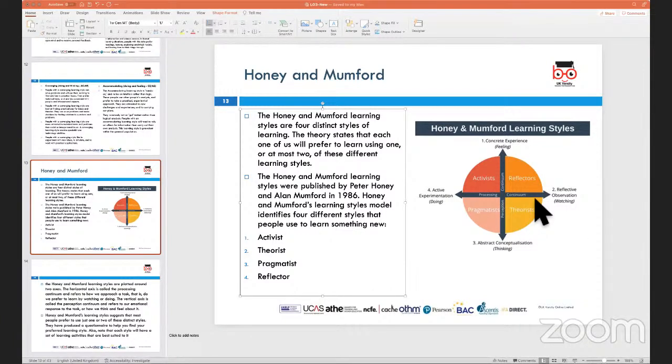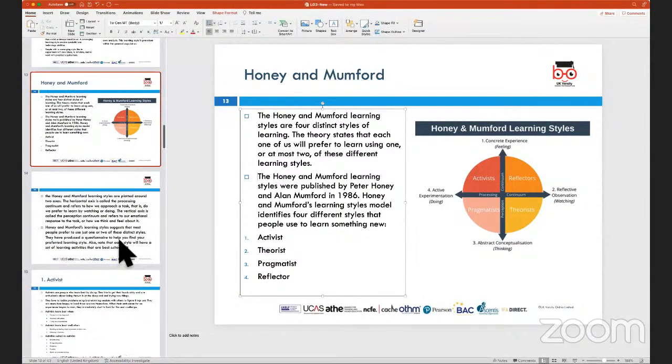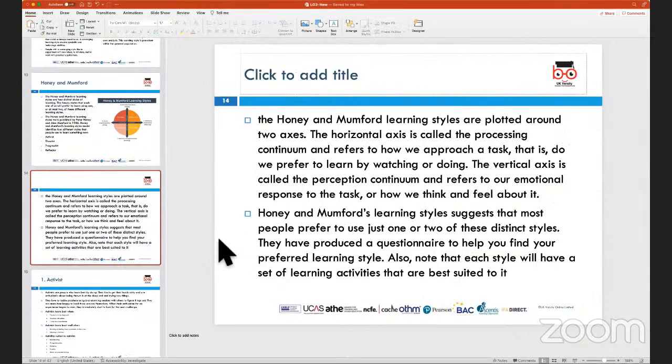So these four styles are heavily influenced by Kolb's learning cycle, but they tend to be slightly different in terms, because both of them went ahead and defined the characteristics each particular type shows. And that allows us to recognize that this person is an activist, which means that this person learns best by doing things practically.